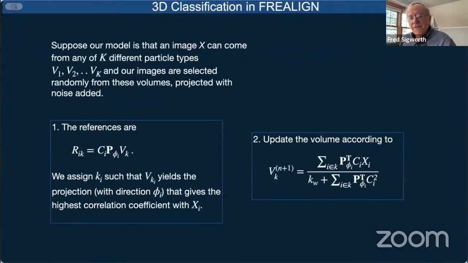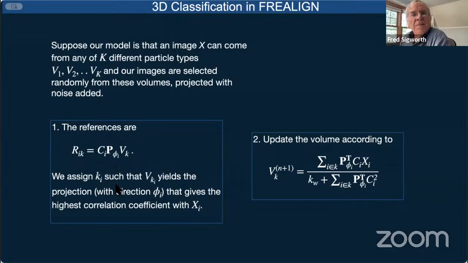Now, FreeAlign can also do so-called 3D classification. That is where you assume that your image can come from any of k different particle types, and our images are selected randomly from these volumes. We don't know which image came from which volume, but these are projected with noise added. And in that case, of course, we have different references that we have to work with.